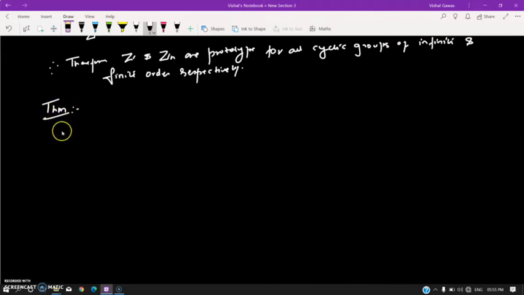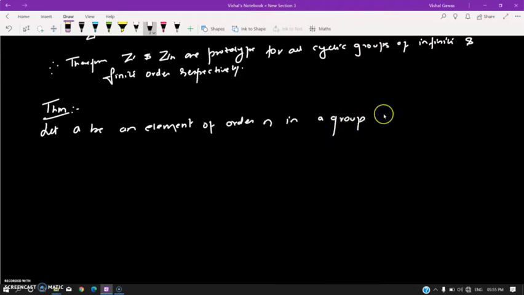Theorem: let a be an element of order n in a group G with some binary operation, and let k be a positive integer.